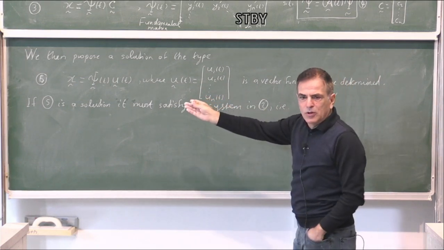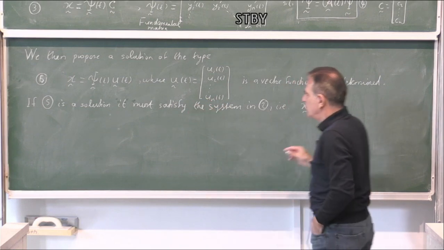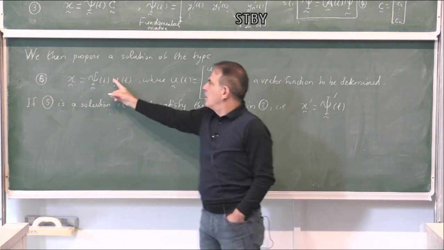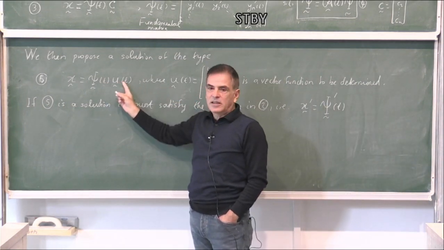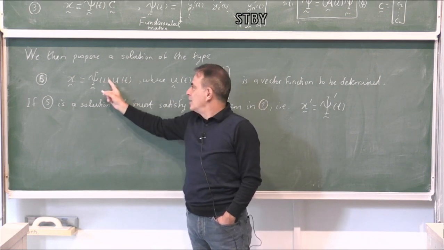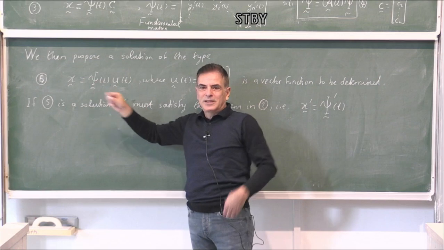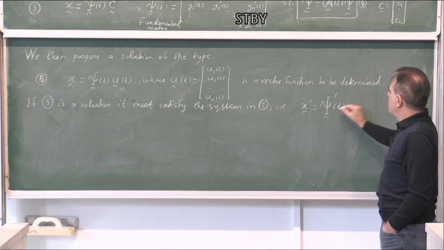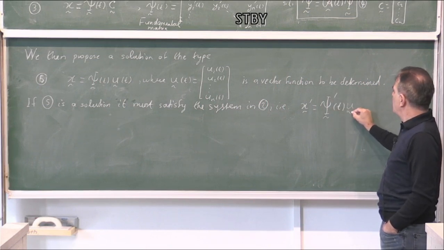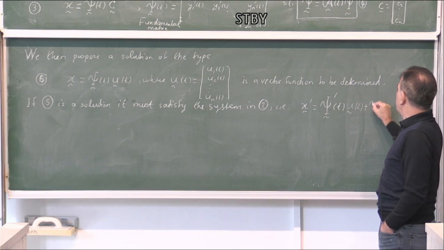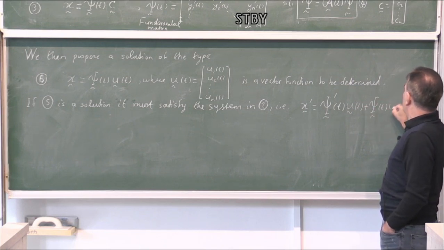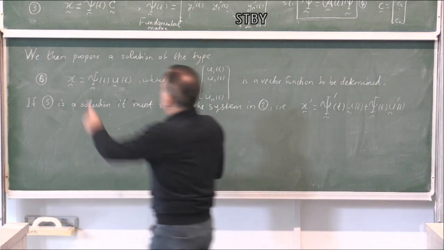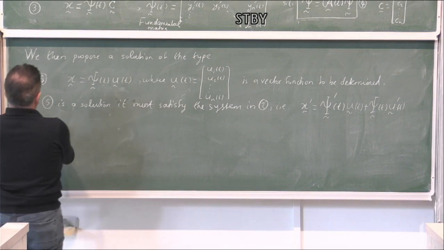We use the ordinary product rule of differentiation with care of the order, because this is a matrix times a vector, so it makes sense in this order. Otherwise, u multiplied by psi is even undefined. So psi of t u, then psi u prime of t. Good. So let us substitute into the system in 2.